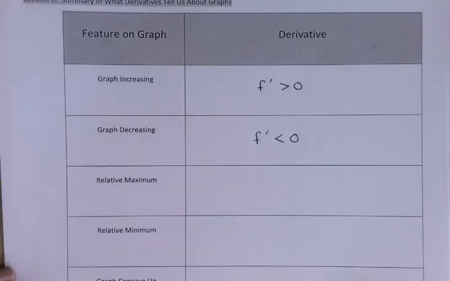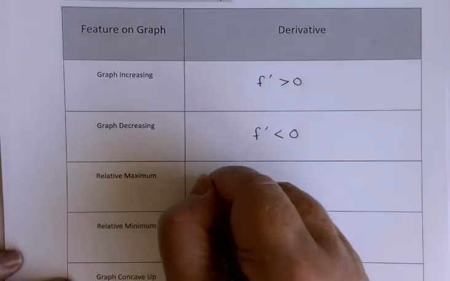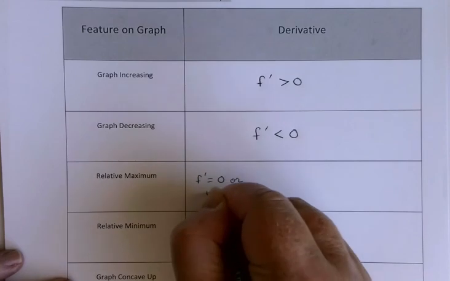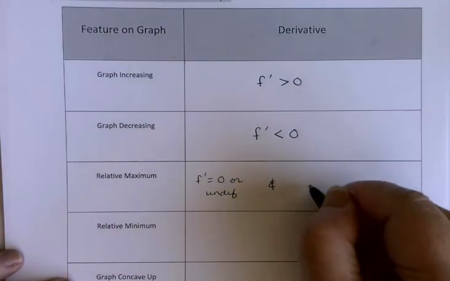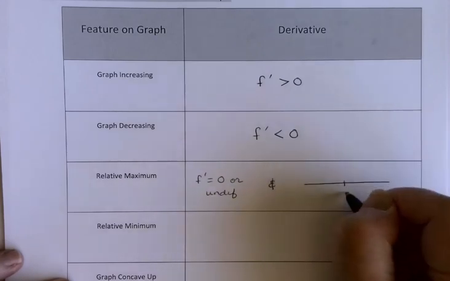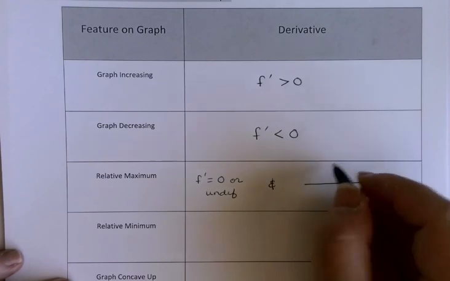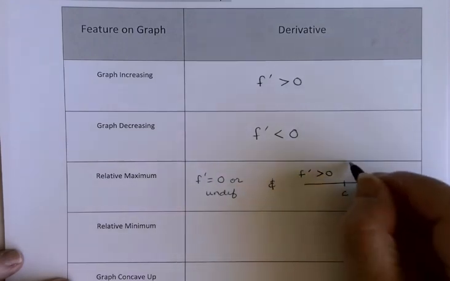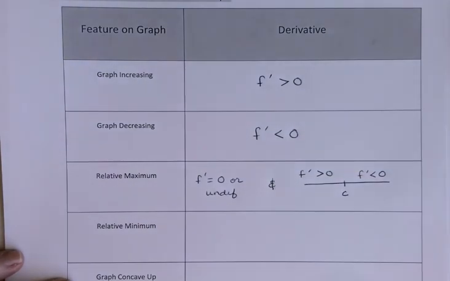We have a relative maximum if two things happen, right? First of all, f prime is 0 or undefined, and we have to go for a maximum from increasing, so f prime positive, to decreasing, f prime negative.